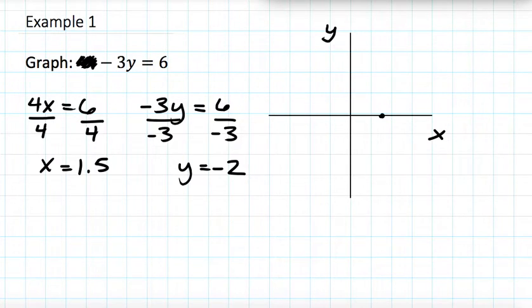So I'm going to plot this point on the y-axis. Negative numbers are below, so plot the point right there. And then I'm going to just draw in the line like so, as straight as I can. So that's my line. I'm going to show you next how to do this on the homework.